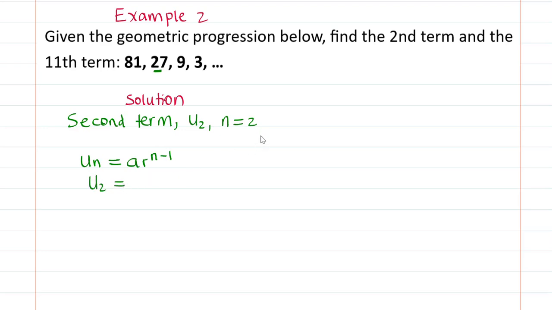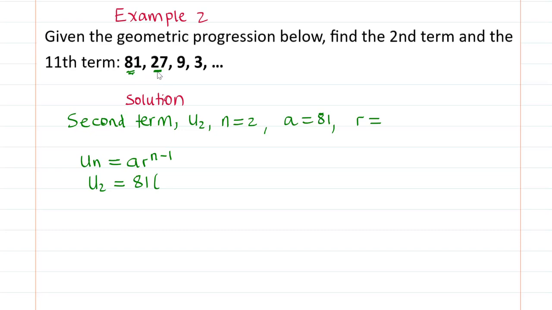What is the first term in the question? 81. The first term is 81. So 81 into r. Oh, what is our r? Our r is the common ratio, which is obtained by picking any two terms, 81 and 27.